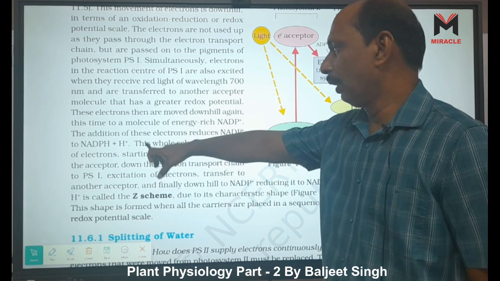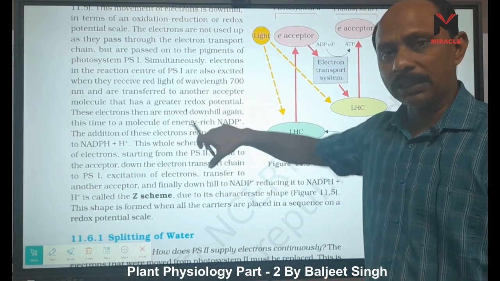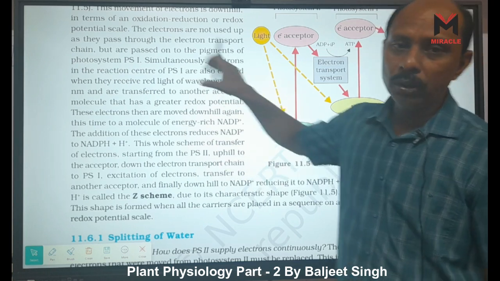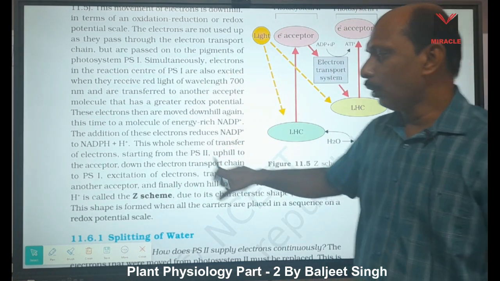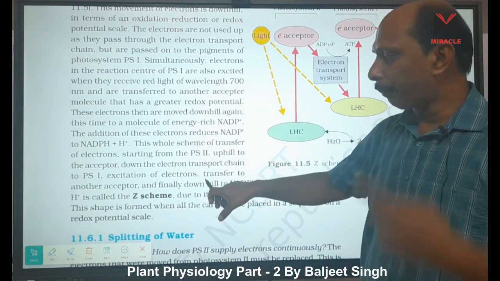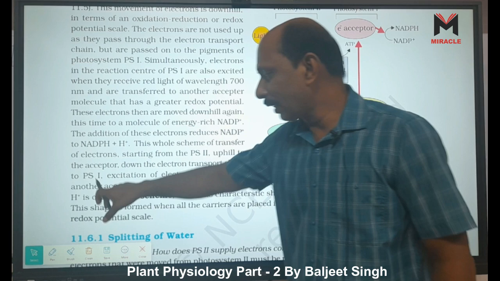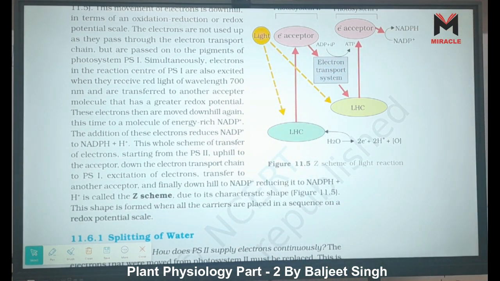H plus. This whole scheme of transfer of electron starts from PS II, then uphill to the primary acceptor, then downhill to the electron transport chain to PS I, then one more excitation of electron is uphill, then transfer to another acceptor, that means downhill, and finally downhill to NADP.